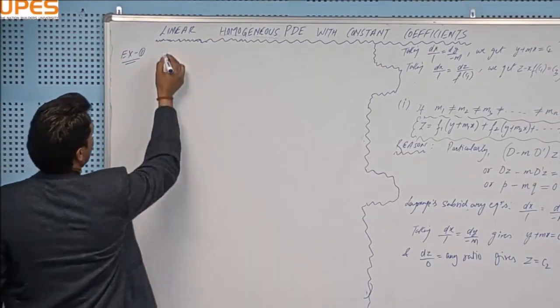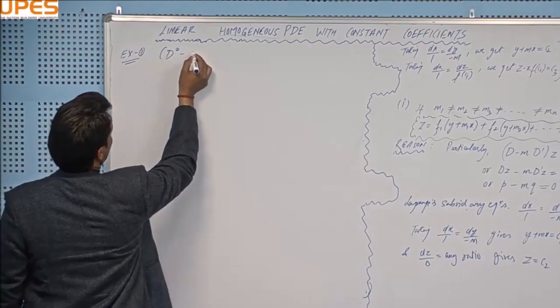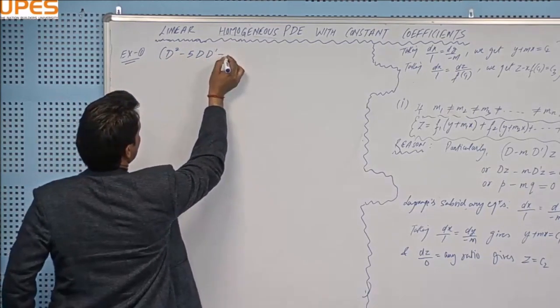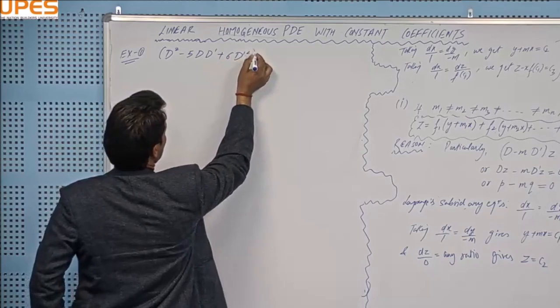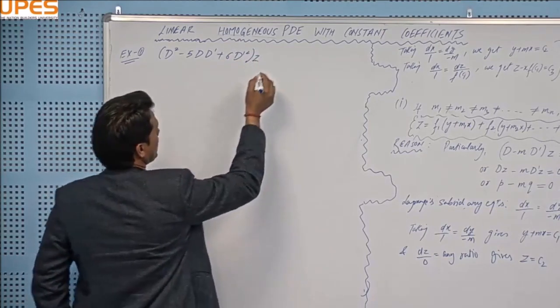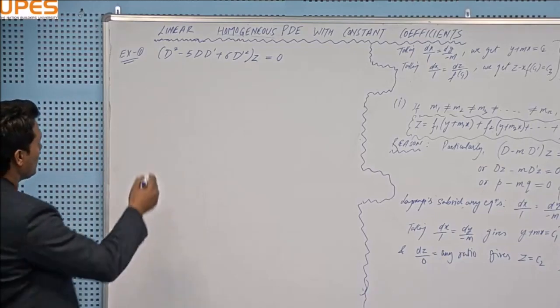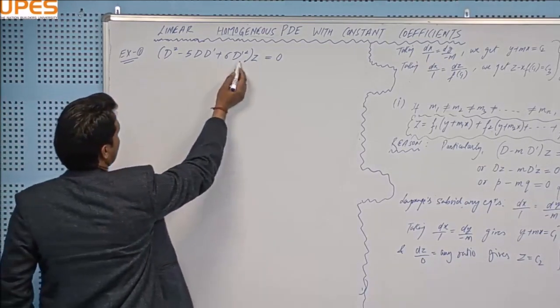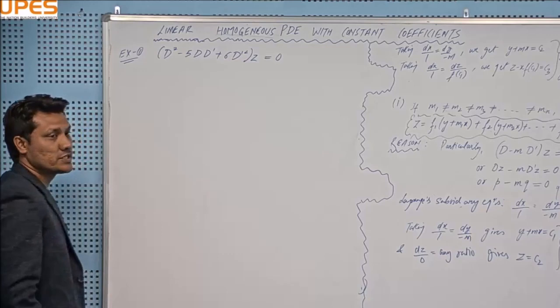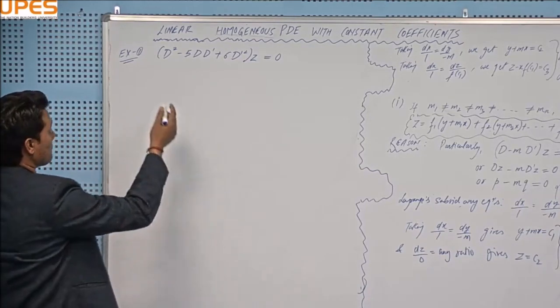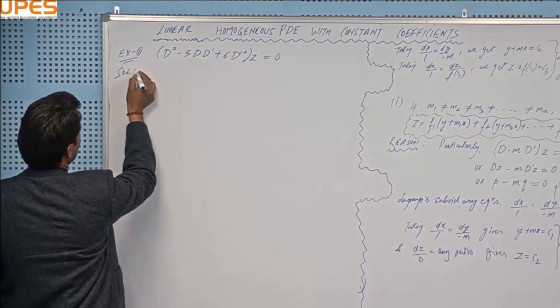Suppose I take the example (D square minus 5 D D dash plus 6 D dash square) z equal to 0. Since this is a second order homogeneous linear PDE, starting from the same theory, I try to factorize it.